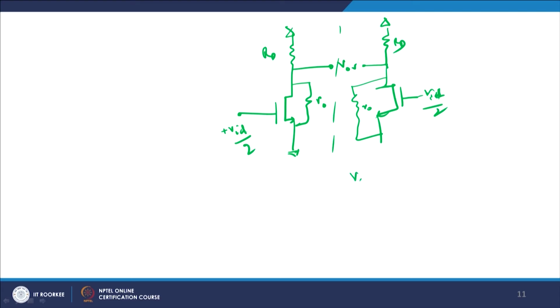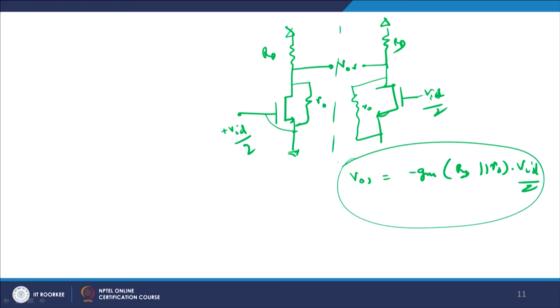Therefore, I can write down V01 equals minus GM times RD parallel to R0 multiplied by VID by 2, because this is grounded. So, VGS is nothing but VID by 2, and VID by 2 minus the threshold voltage of the device is the overdrive, and from there I get V01 to be this value which you see.